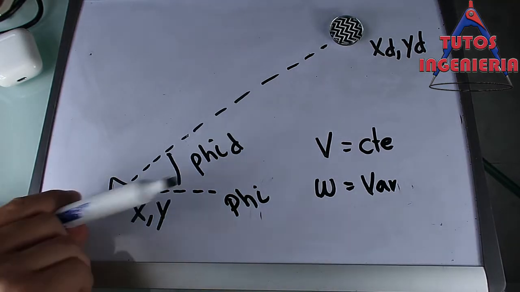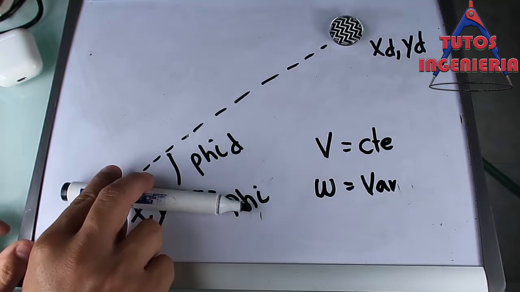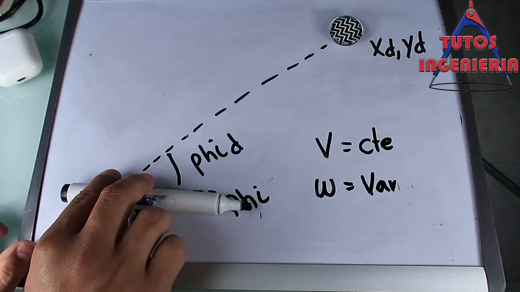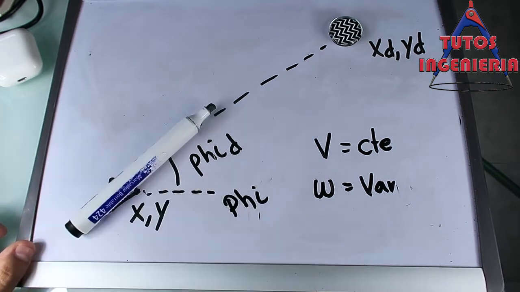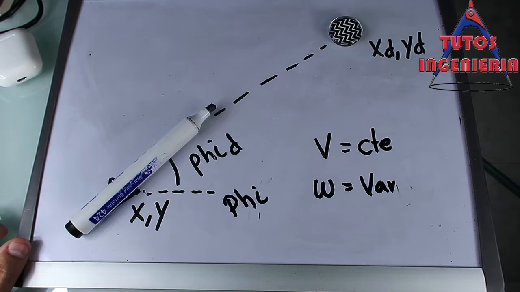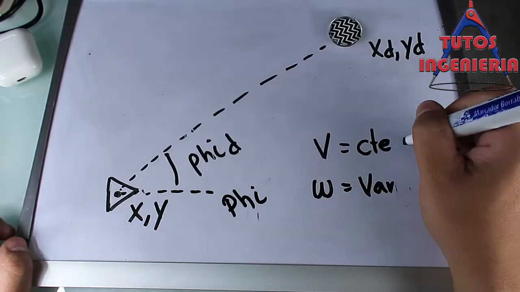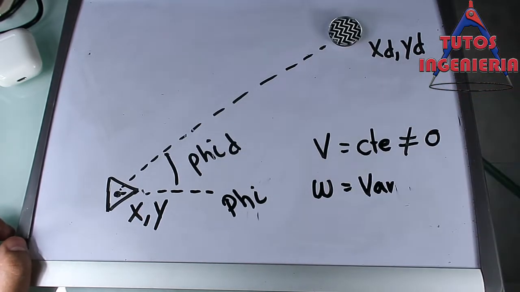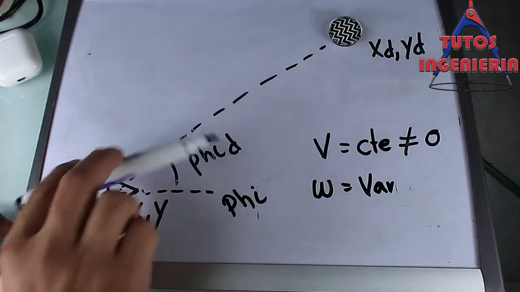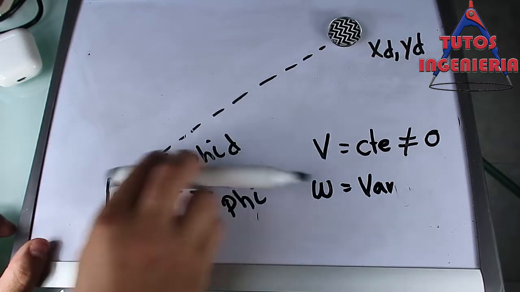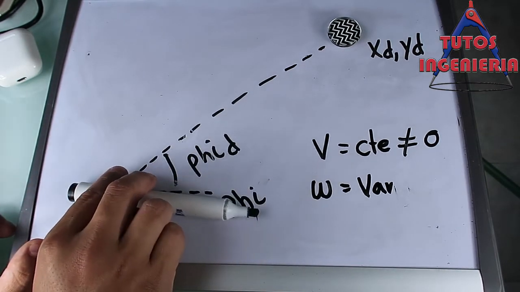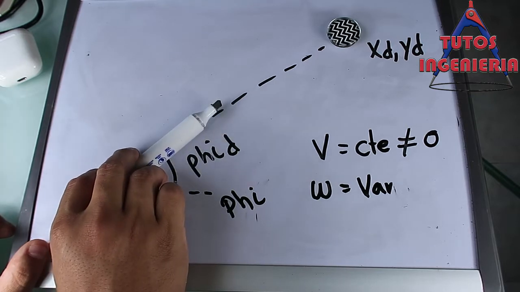We want to achieve an angle. If the linear velocity is 0, the car only rotates to the desired angle, and it achieves this reference, and the car stops. The car only has to achieve this angle and the car stops.